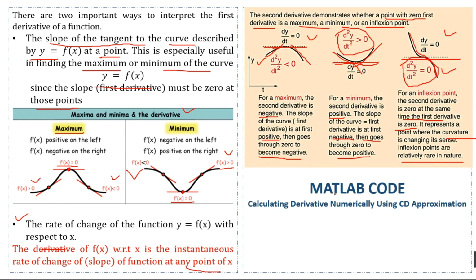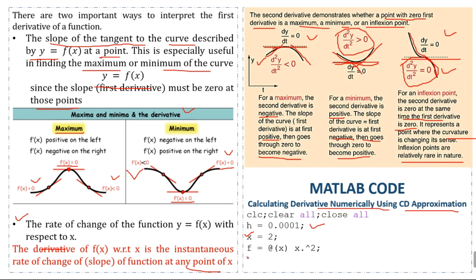So now we discuss the MATLAB code for finding the derivative numerically using the central difference approximation. Here we have the MATLAB commands clc, clear all and close all. This is our increment h, and this is the value at which we have to find the derivative of the function.